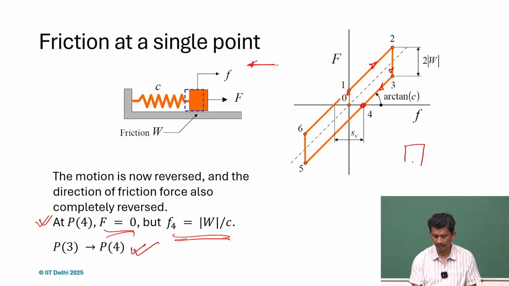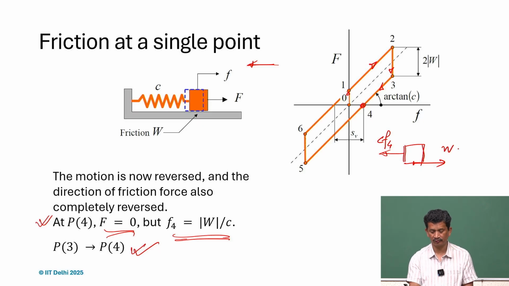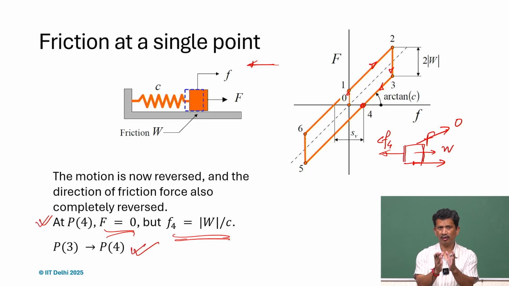Because as it was reversing, the friction force was acting this way, and the spring force was Cx4. So there is no external force. That F is now 0, but in a way the block got stuck there at 4. So there is no force, but we have a deflection.